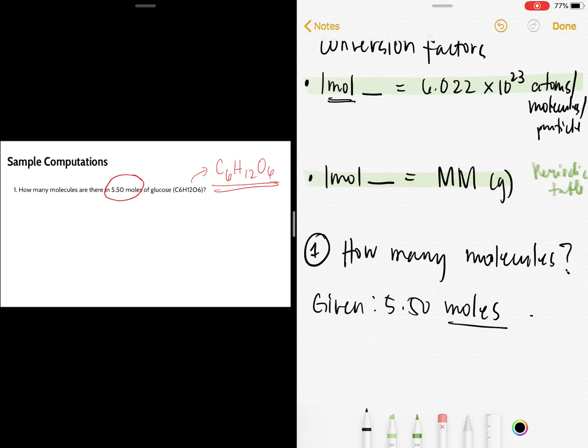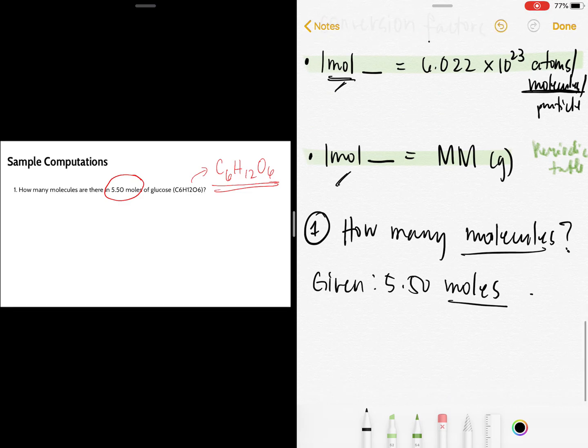Tingnan mo sa conversion factors. Sino sa kanilang dalawa yung may unit na mole? Parehas silang may unit na mole. Pero between the two of them, sino yung may unit na pwedeng gamitan ng molecules? Ito. Kasi itong pangalawa, grams lang yan. So, hindi natin gagamitin itong pangalawa. Ang gagamitin natin is this one.